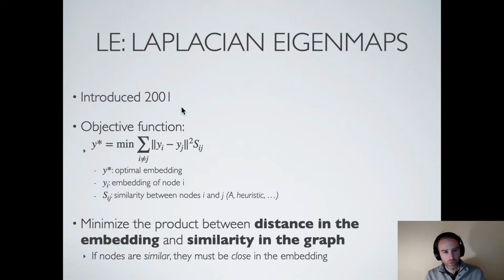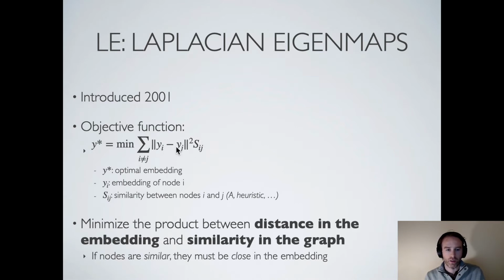So let's start with Laplacian eigenmaps. We can summarize it simply by saying that it has an objective function that we want to minimize. We want to find the optimal embedding such that we minimize this formula.